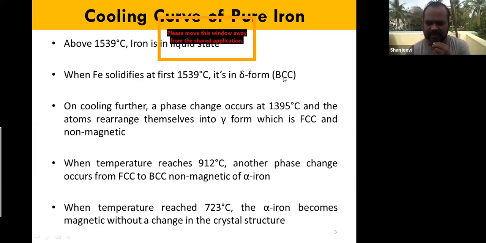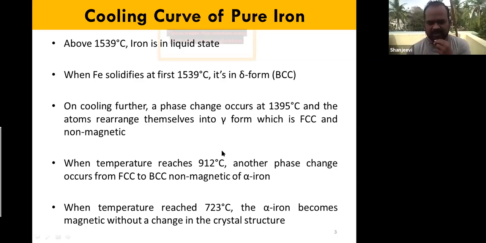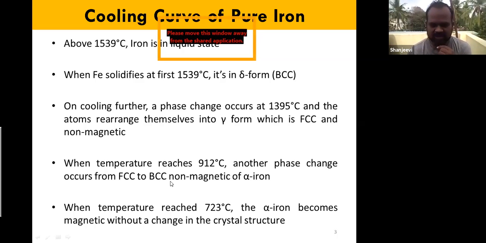The packing efficiency is only 68 percent for body-centered cubic, and for face-centered cubic it is 74 percent. Then, further decreasing the temperature to 912 degrees Celsius, another change occurs: face-centered cubic changes again into body-centered cubic structure. So this is what we are going to see in depth here.